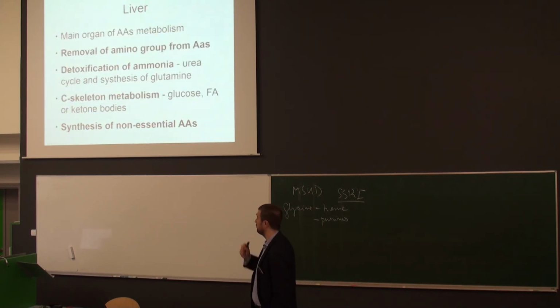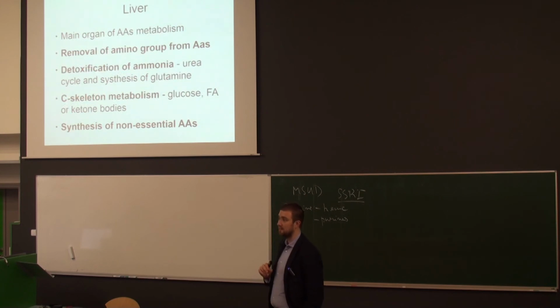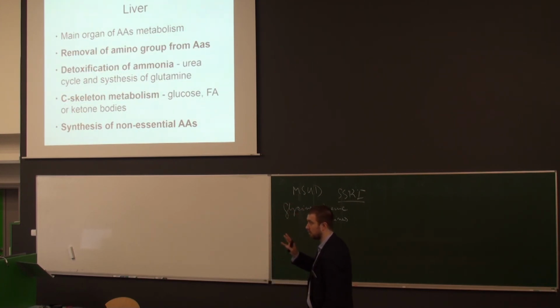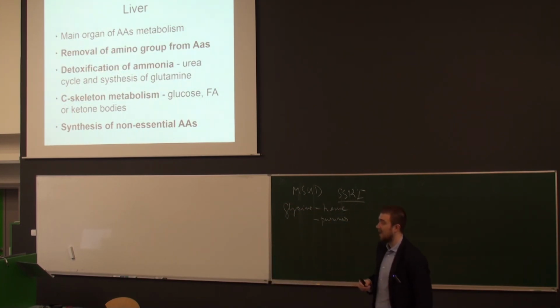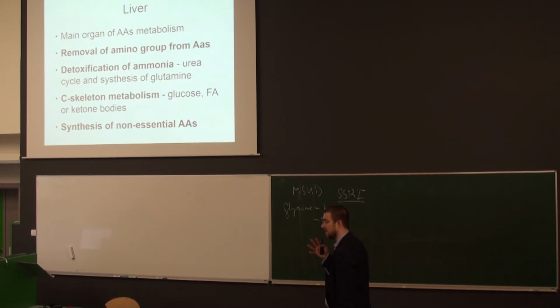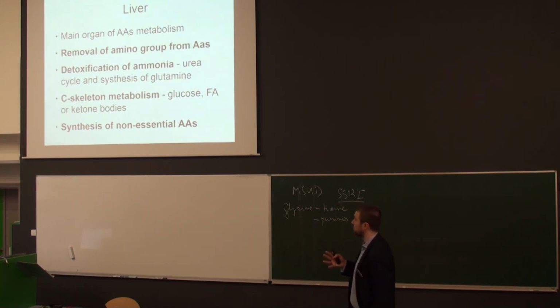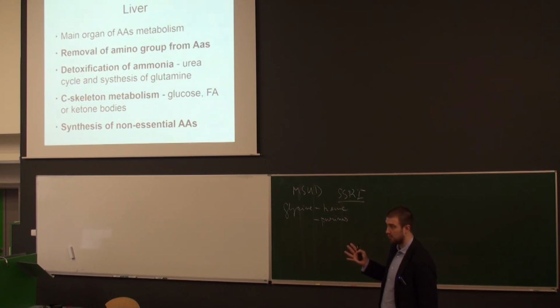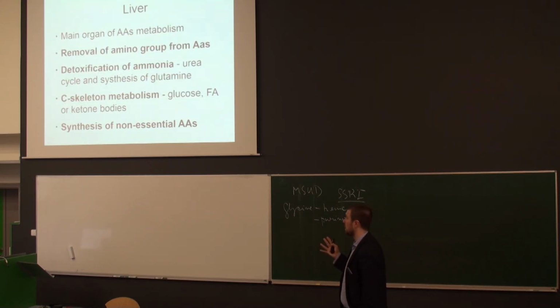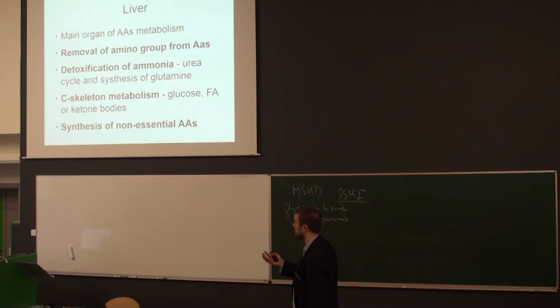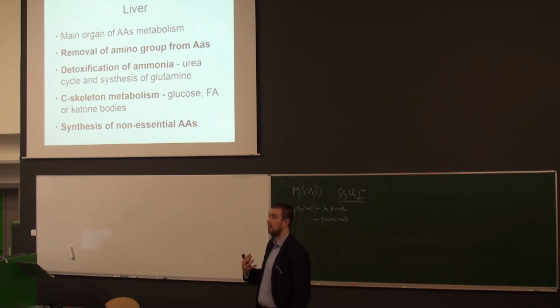If we now come to the liver, that means some real organ. As you heard during these 2 hours, inside the liver you do many important reactions for amino acid metabolism. If we slightly review and repeat them, you typically remove the amino group from amino acids.